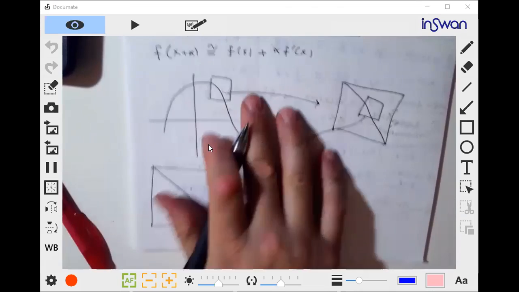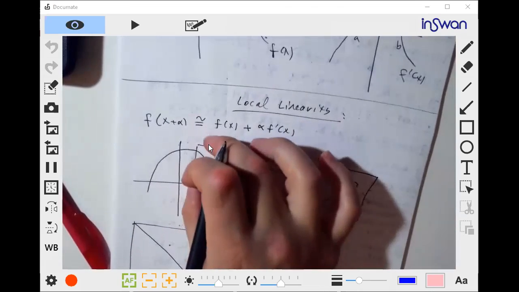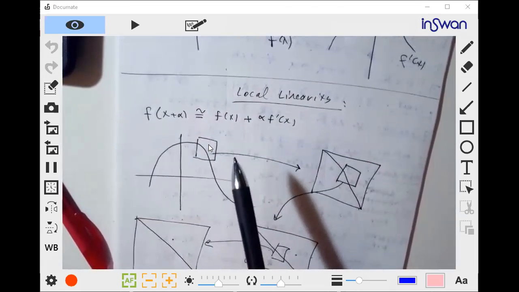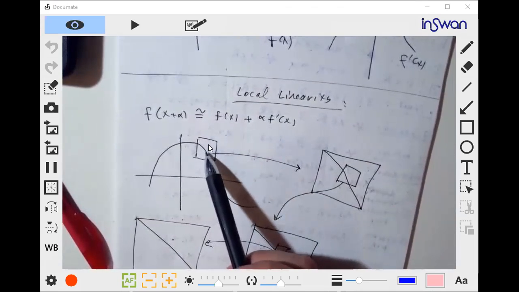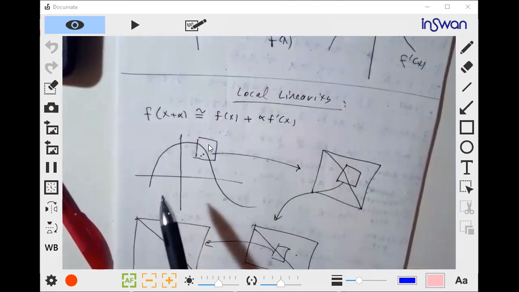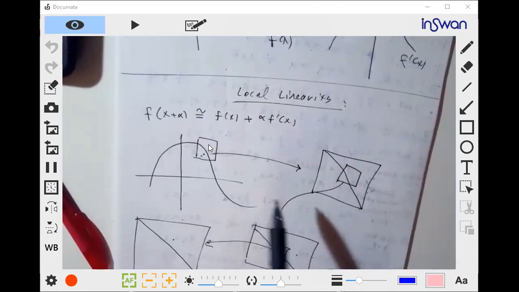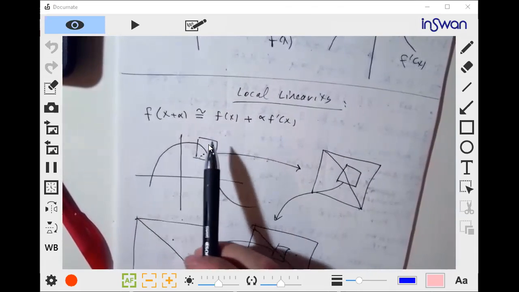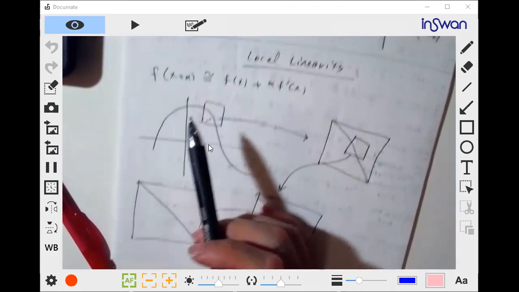So local linearity says that locally, when you zoom in far enough into a graph that is differentiable and continuous, although recall that differentiable implies continuous, but continuous does not imply differentiable. So if it's a function that's differentiable, then local linearity applies.